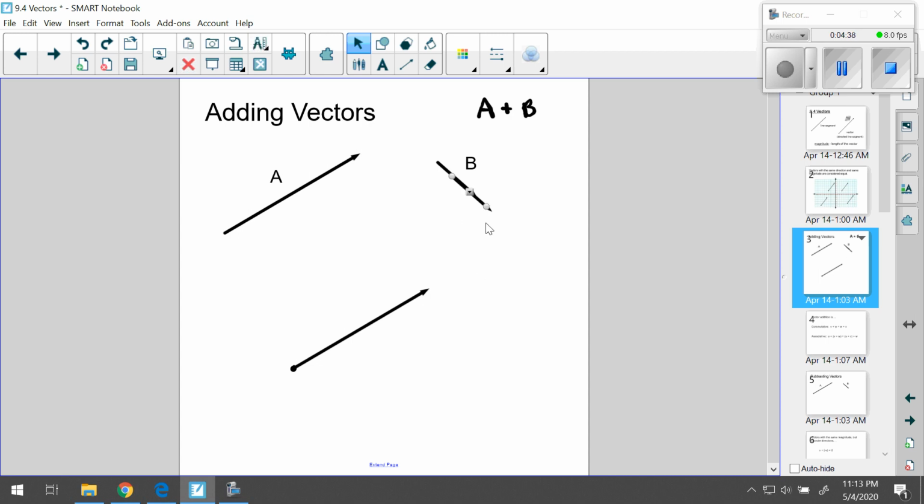Wherever we left off with A, that's where you start with B. So again, the head of A becomes the tail of B, and we head off in the direction of B, that distance that B is. Then wherever you land, let's say right here, the new vector that you would create by starting at your original point and going towards that landing point is going to be your a plus b.